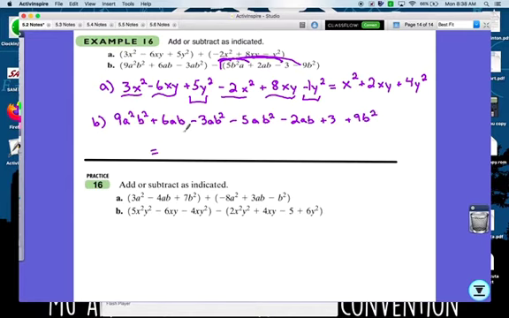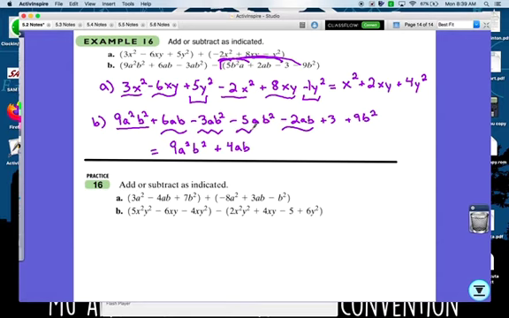All right, so let's put it all together. 9a squared b squared. I checked through there and there's no other terms that have a squared and b squared, so I just write it down. All right, 6ab. Well, I've got a minus 2ab here, so 6 minus 2 gives me 4ab. Then I've got a minus 3ab squared.